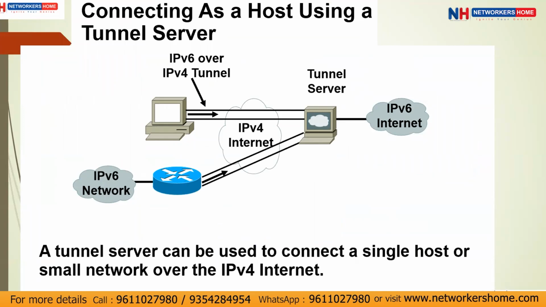Connecting as a host using a tunnel server. A tunnel server can be used to connect a single host or small network over the IPv4 internet. End to end, we have IP version 6 in between IP version 4. So a tunnel server is used over the IPv4 internet.